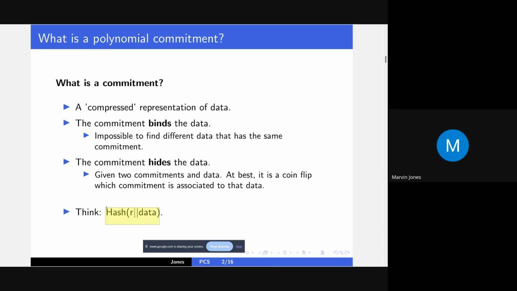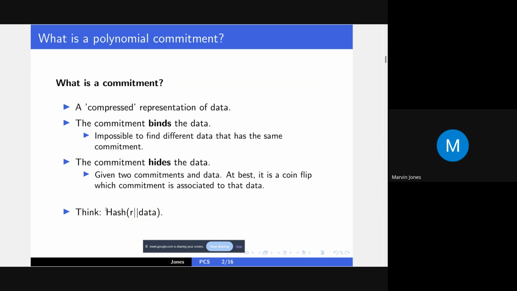So when you think about commitments, and if you're not already familiar, this is a nice simple example that you're probably more comfortable with, because again, a hash will bind it and hide it. I toss in the R mainly to make clearer that it hides the data, even though I give you the data outright in plain text.